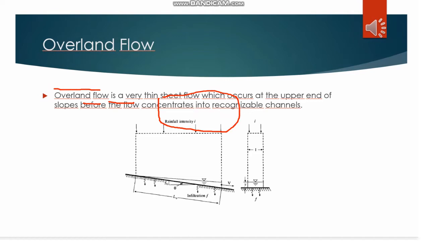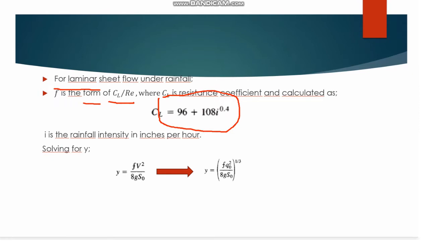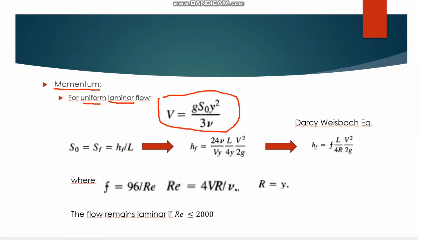When we go back here, we can consider S0 as hf over L, and when we plug it in and solve for hf, it is 24 times the kinematic viscosity, times the length, times the velocity, over the depth, 4y, times V squared over 2g.